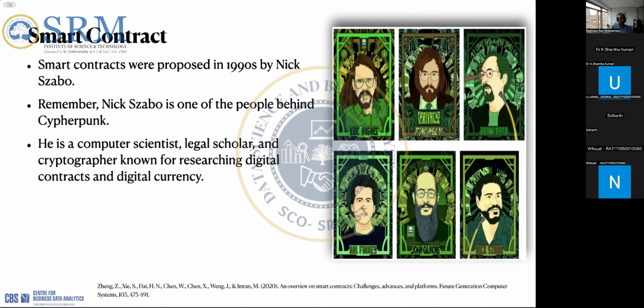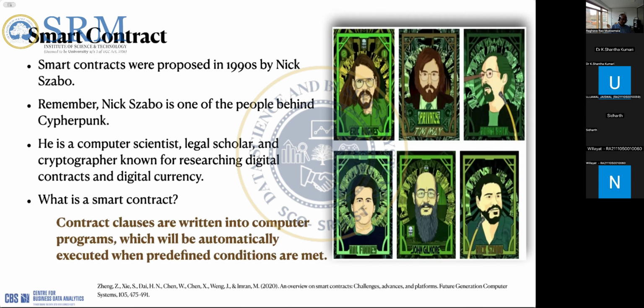So first of all, what is a smart contract? You can say that a smart contract is nothing but a contract, for example, the clauses from a contract written into a computer program using a programming language, which will be automatically executed when certain predefined conditions are met.